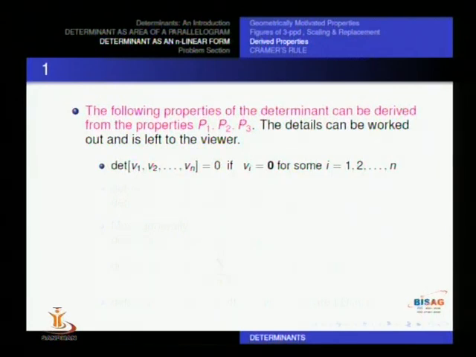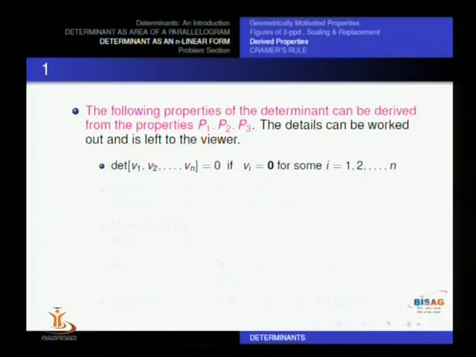Using the properties P1, P2, P3, we have defined uniquely a determinant function from V raised to n to R, and using these three properties, many properties can be derived very easily, and in detail we don't have the time to discuss. So the properties are as follows.